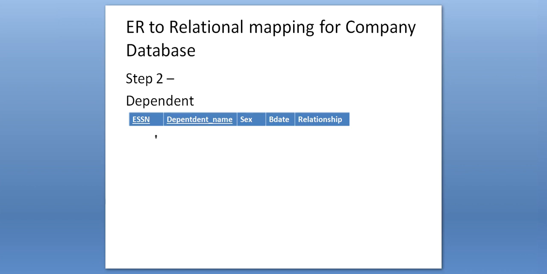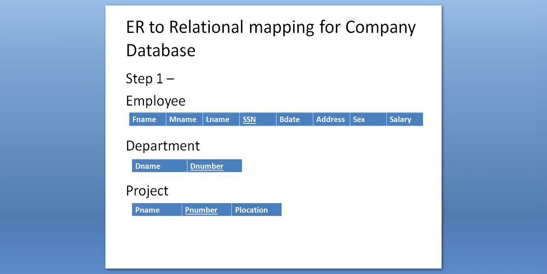So from the ER diagram, we can see that the owner entity type, or the identifying entity type, for the weak entity type dependent is employee, isn't it? So we have already created the corresponding relation for the employee entity type in step number one, isn't it?